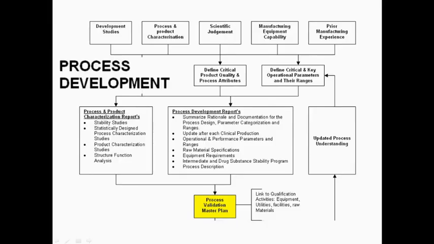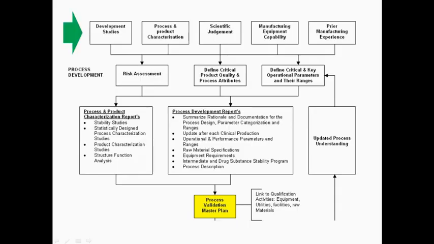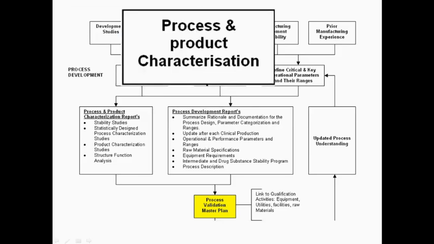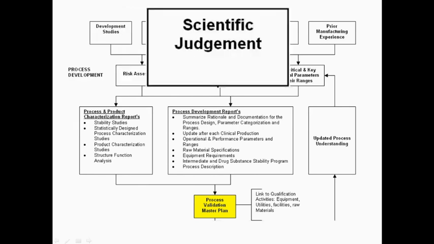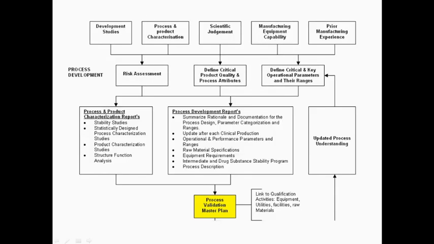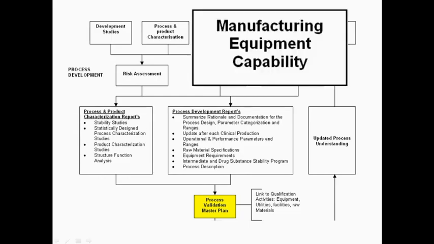During the process development lifecycle phase of a new protein drug substance therapeutic, we will conduct a number of development studies. This will be based on process and product characterization. We will use good scientific judgment and risk assessment to make traceable decisions. We will also assess manufacturing equipment capability.